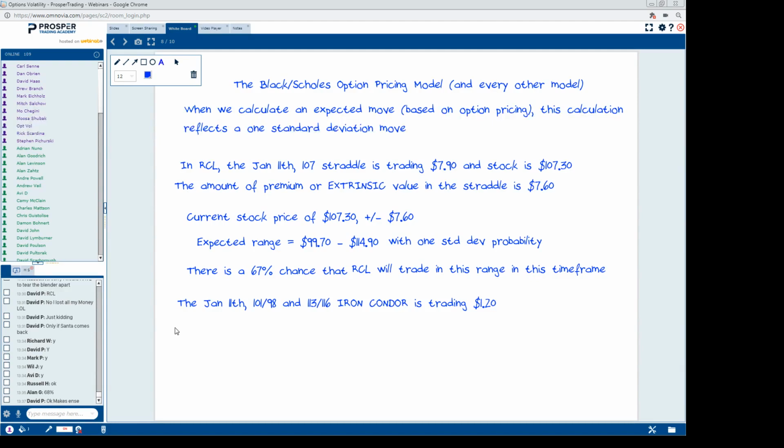The break evens, again, this is projecting onto expiration, not any fluctuations in the middle. If we collected $1.20, the break evens would be 99.80 to the downside and 114.20 to the upside. Okay, David, everybody with me?